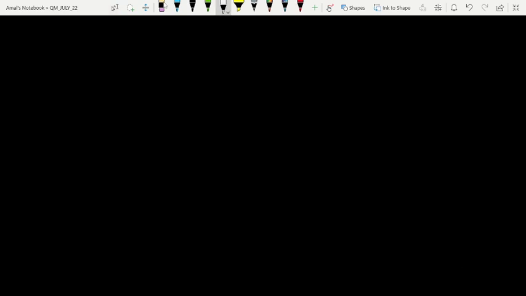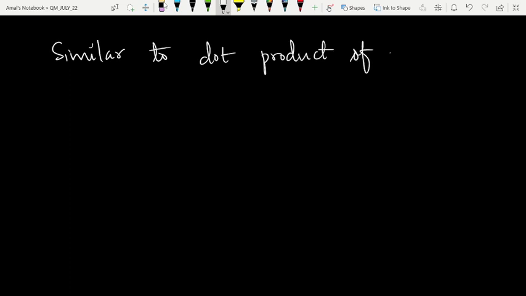This is similar to the dot product of vectors in the Cartesian coordinate system. That is, if we take the inner product of two vectors, we will get a number alpha.